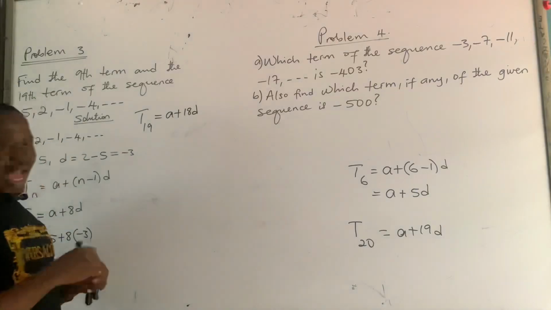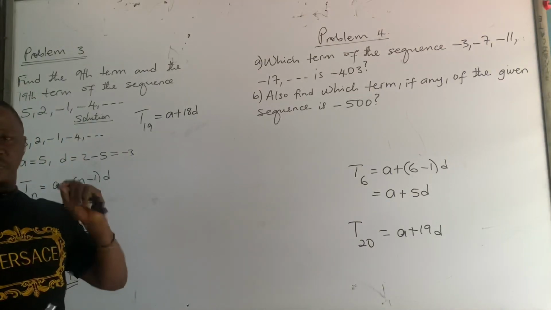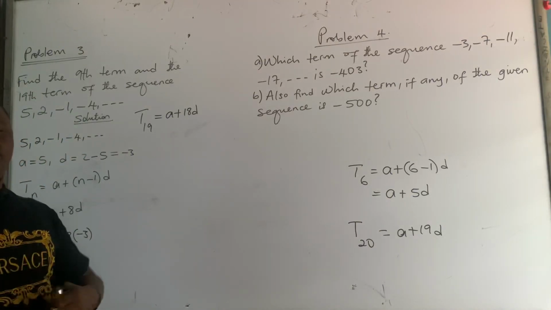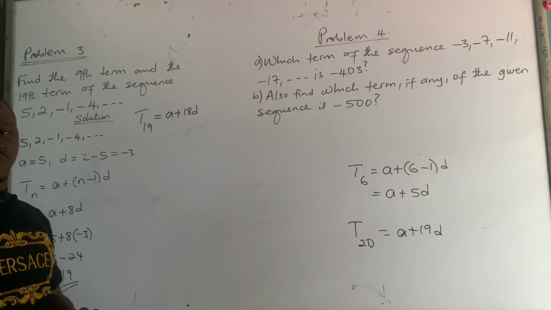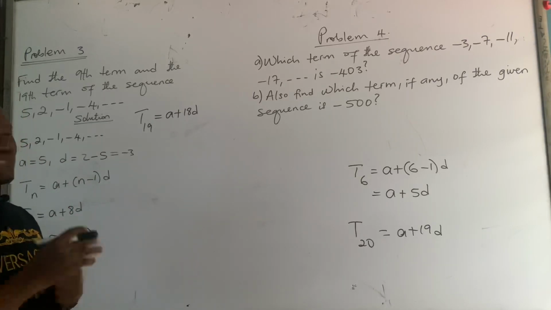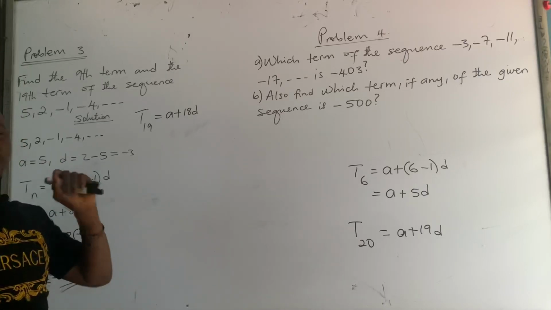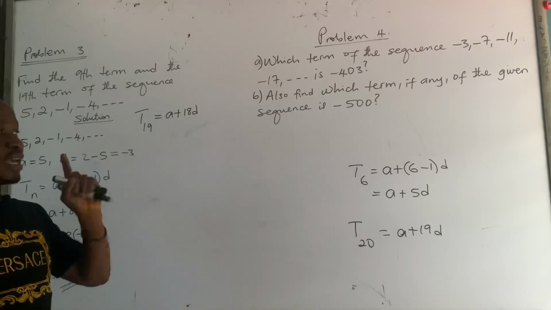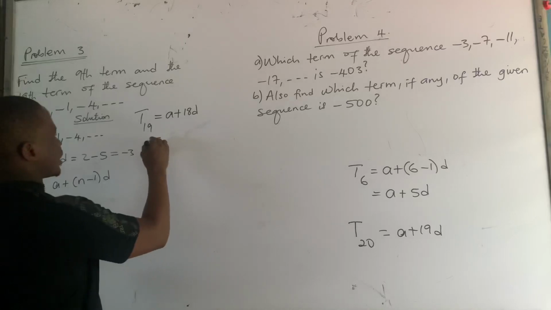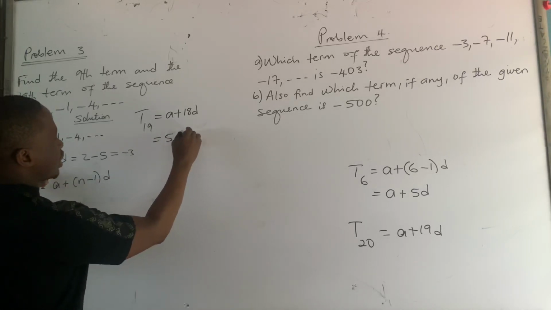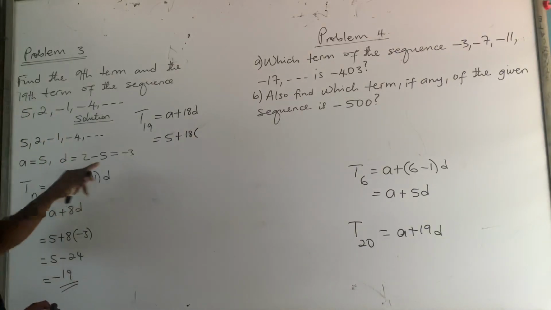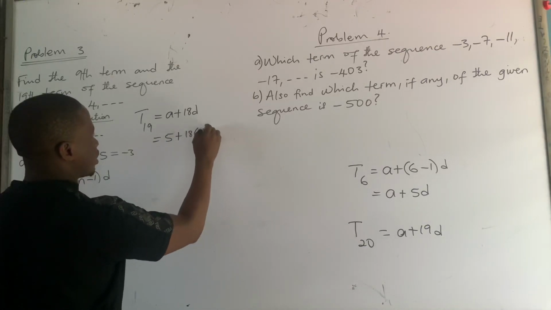But all that we are doing is only meant for AP, arithmetic progression. Arithmetic series, linear sequence, linear progression: all these are just other names for arithmetic progression. We simply say AP. So what is our A? A is 5, that is the first term. 18 multiplied by D, and D is minus 3.